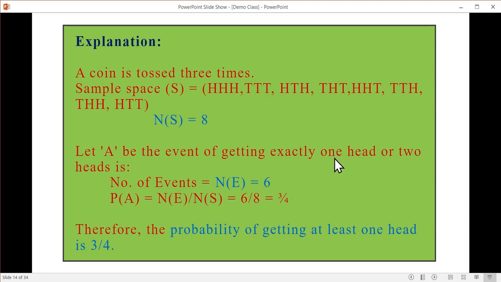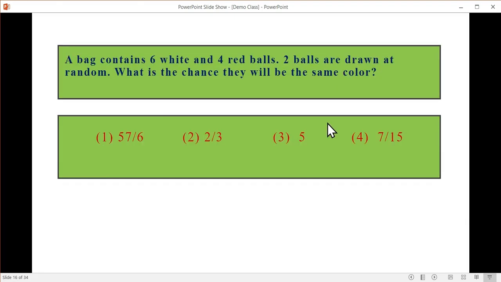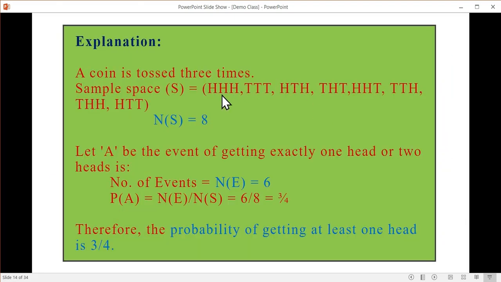How can we find this value 6? From this sample space we have to count the number of occurrences having one head or two heads. The first one is three heads, so don't take this.